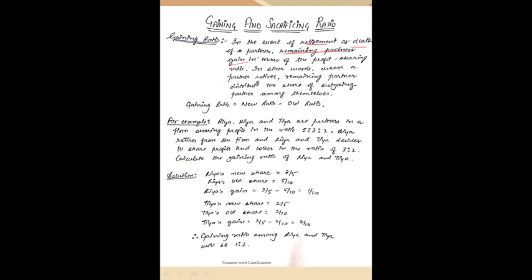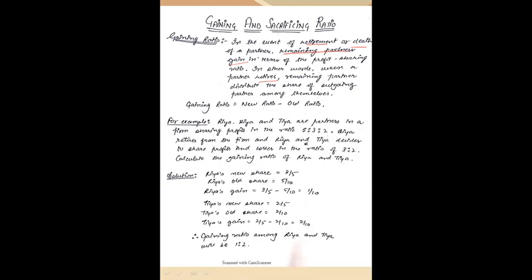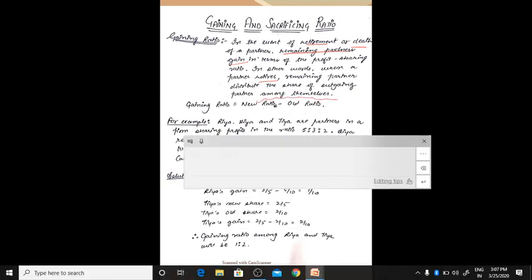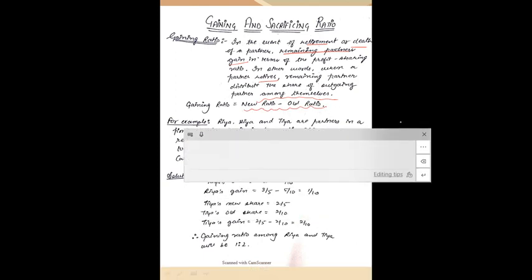In other words, when a partner retires, the remaining partners distribute the share of the outgoing partner amongst themselves. So obviously they will gain. So the gaining ratio would be new ratio minus old ratio, right?